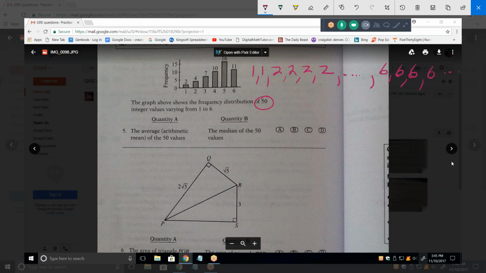Let's figure out what our 25th number is. So 6, 13, 23, it's going to be a 5.